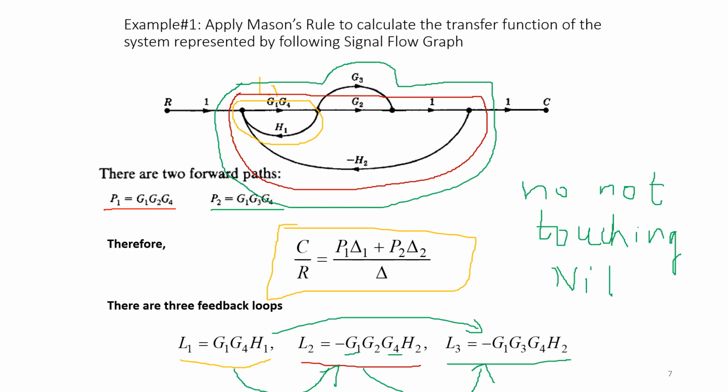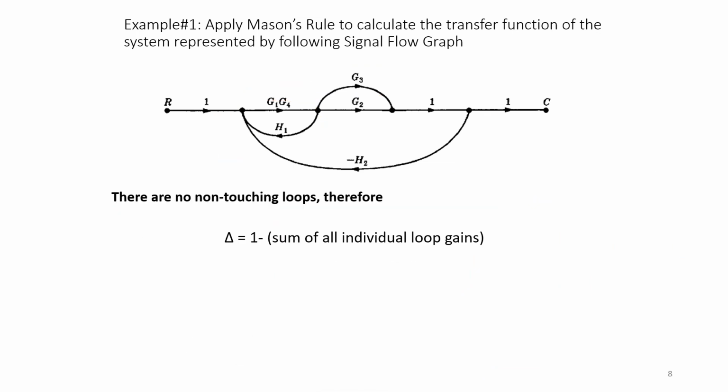Now once you evaluate this, the next step is you need to find out your delta value and then your delta 1 and delta 2 values. Here we are trying to find the delta value, which is equal to, since I don't have any non-touching loops, 1 minus the sum of all individual loops.